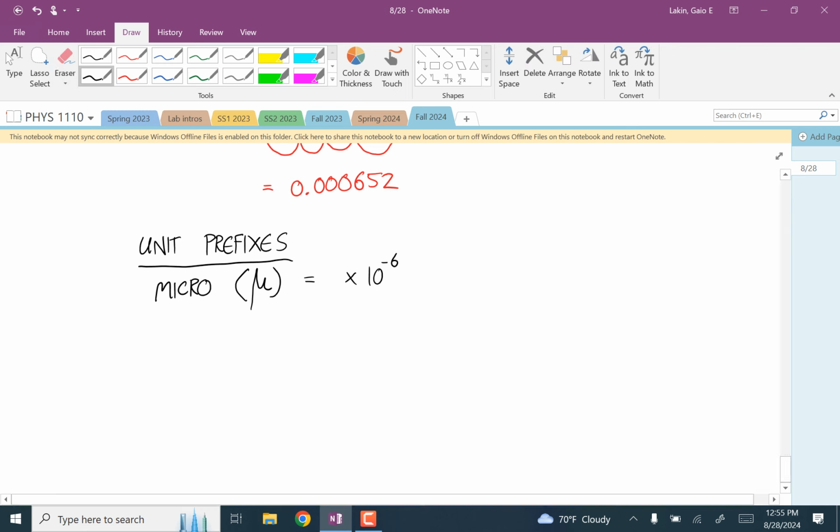Okay, so micro means times 10 to the minus 6. Milli, with a lowercase m, means times 10 to the minus third. Centi, lowercase c, means times 10 to the minus 2.